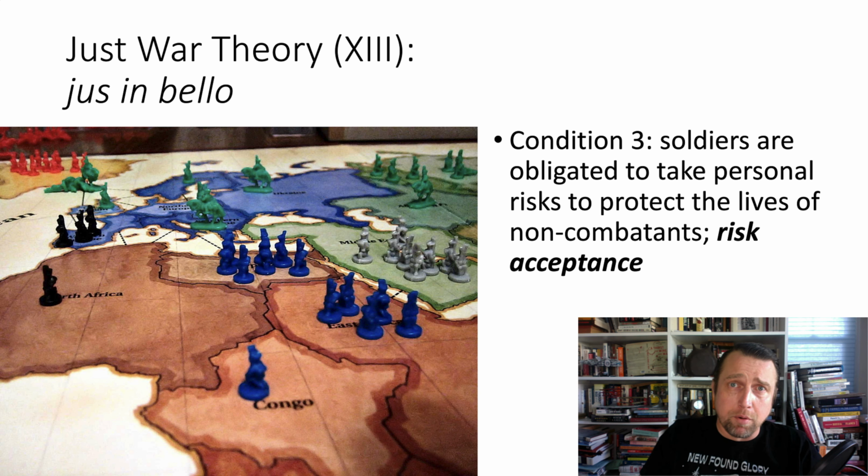Another very important principle in jus in bello is that of risk acceptance. That soldiers are obligated to take on risks to themselves, to their life and limb, in order to assure that non-combatants are not hurt or placed in the line of fire. When soldiers are not willing to take on risk to themselves, then a moral hazard results.